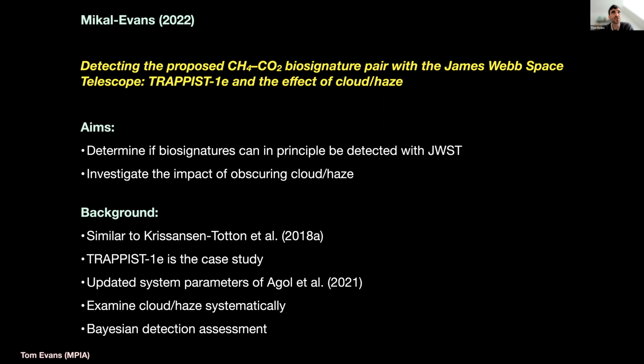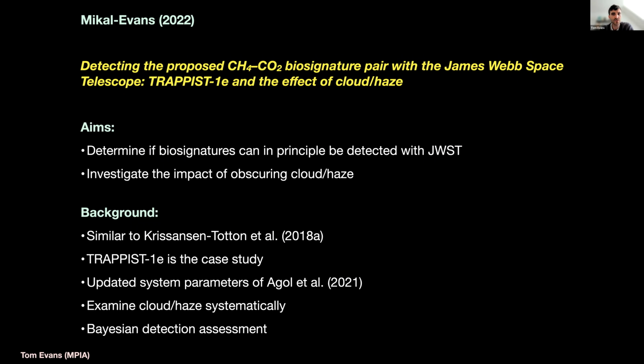So specifically, what I'm going to present is some work that I've recently published in the paper that's listed here. In this paper, I looked at the detectability of methane and carbon dioxide in the atmosphere of TRAPPIST-1e, because this pair of gases has been proposed as a biosignature, as I'll explain shortly.